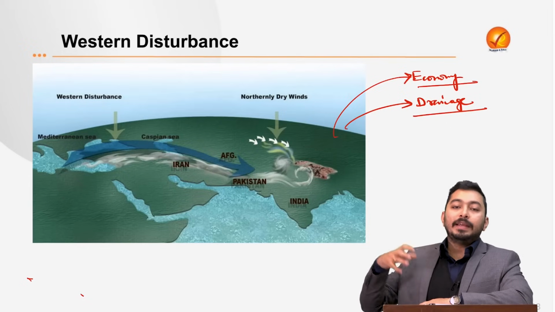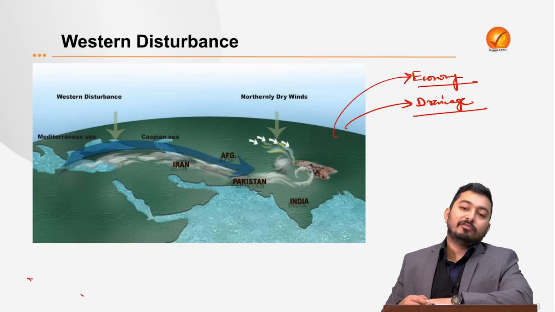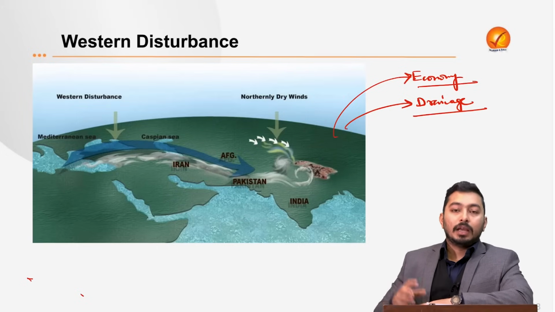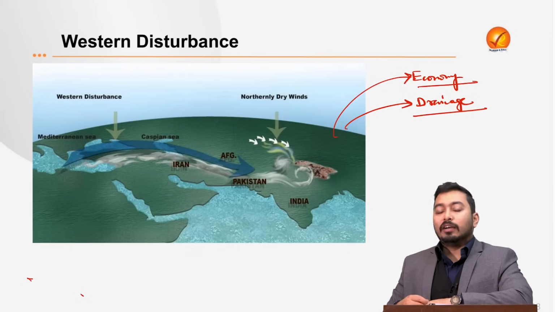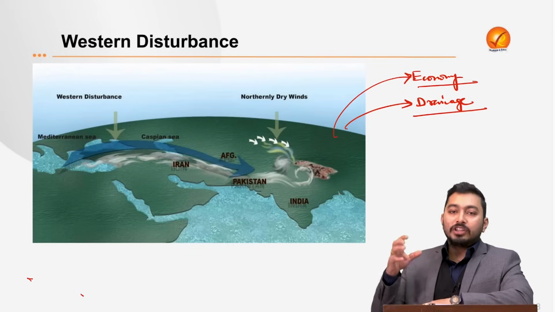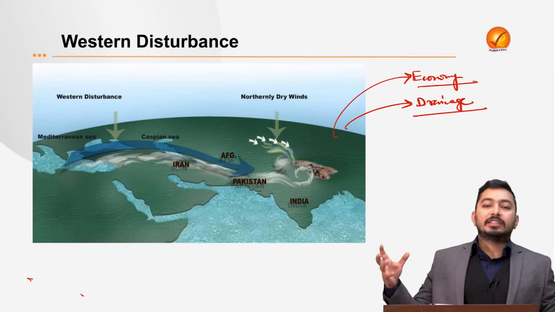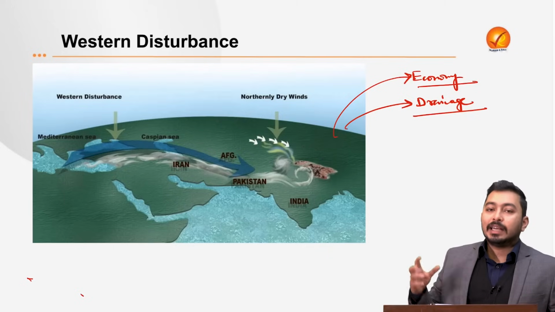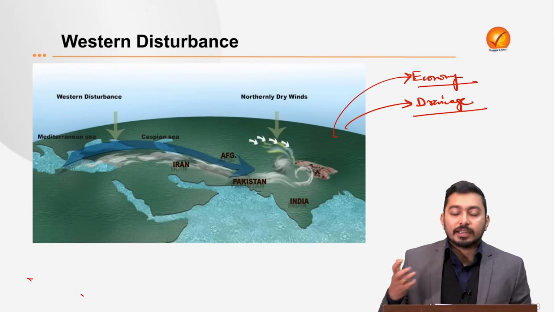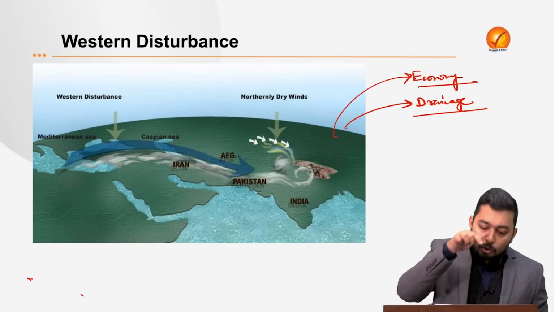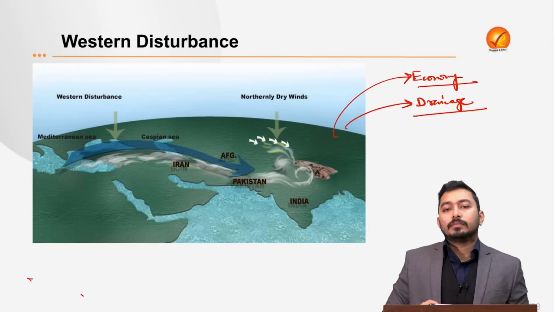Less water will be released for our rivers in summers. After winter, what will you have? You will have summers. So in a few months, you will have scorching heat in Leh, Ladakh, in Jammu and Kashmir. Because of this heat, the glaciers will melt, but the glacier has not been recharged this time. This recharge happens through western disturbance.